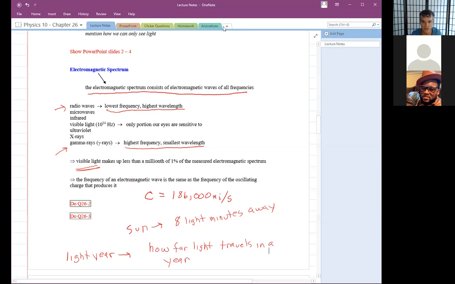Actually, let me just stop this share for a second. I want to show you my big face because this is a super cool concept. So light from the sun takes 8 minutes to get from the sun through space to the Earth. Light from our closest star that's not the sun is Alpha Centauri. It's about 4.3 light years away, which means it takes light from Alpha Centauri 4.3 years to travel through space to get to us.